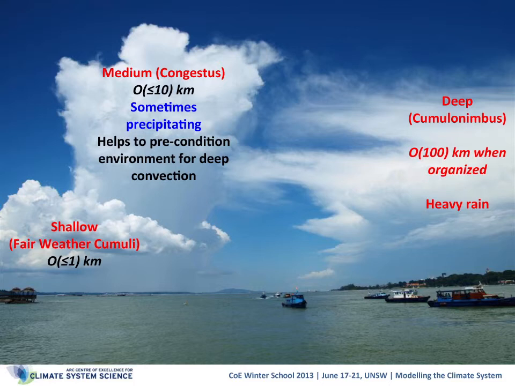One hypothesis is that they help to precondition the environment when they entrain moisture, which then facilitates deep convection. But then Daniel has raised the argument, or the debate that's going on at the moment, that it's actually large-scale moisture forcing which causes deep convection to occur pretty rapidly. But this is just a plot to show you that you've got three different types of cumulus clouds that can coexist at the same time.